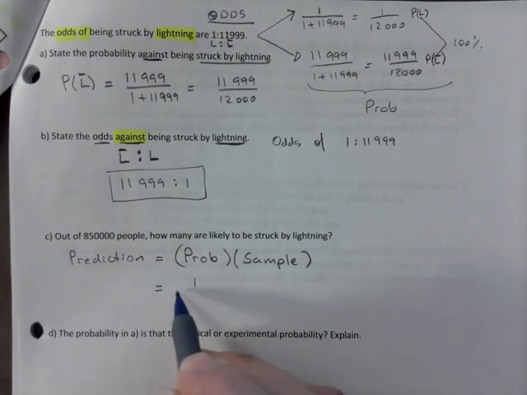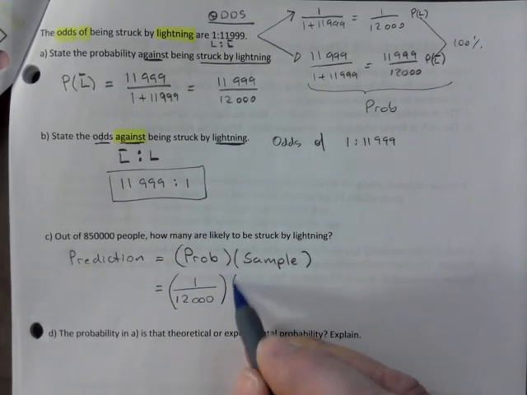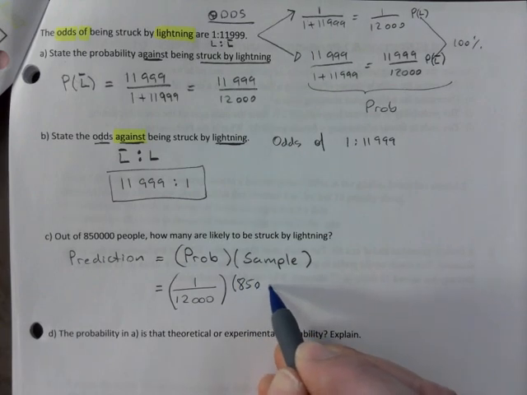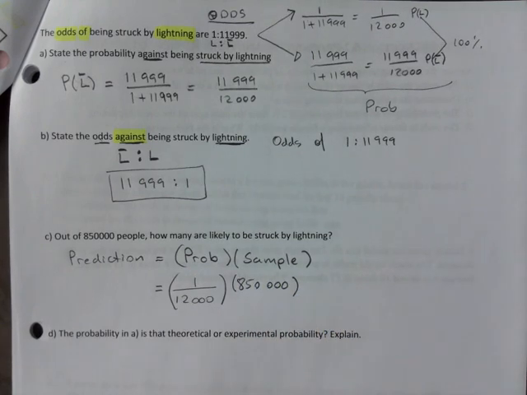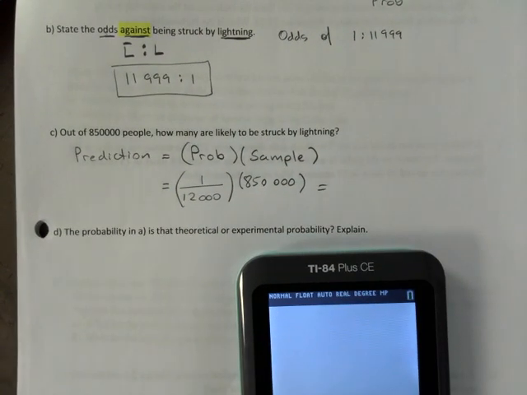So I write down 1 over 12,000 and multiply it by the sample. That's, to me, the fastest way of getting your answer. And remember, we're talking people, so you got to round to a whole number here.